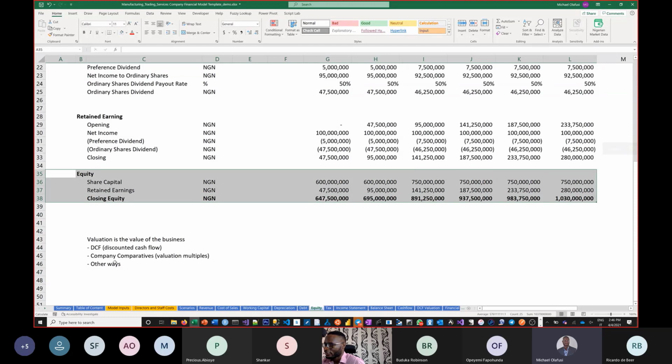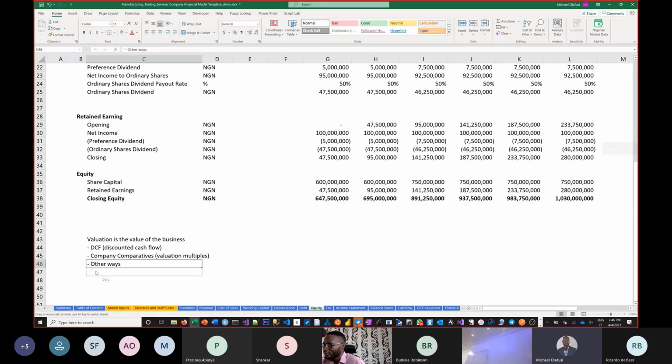Okay, so the only way that I know, which nobody will advise you to do, is the book value approach. That's when valuation equals your equity position, and everybody nowadays agrees that that is not a good way to value a business.